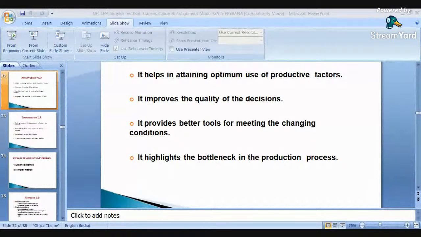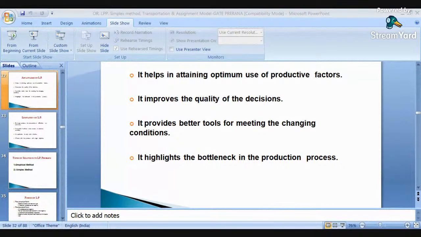For example, the same thing is represented with the help of a network. You can see the supply from the plants S1, S2, S3, and the demand at the dealer network, let us say D1, D2, D3.